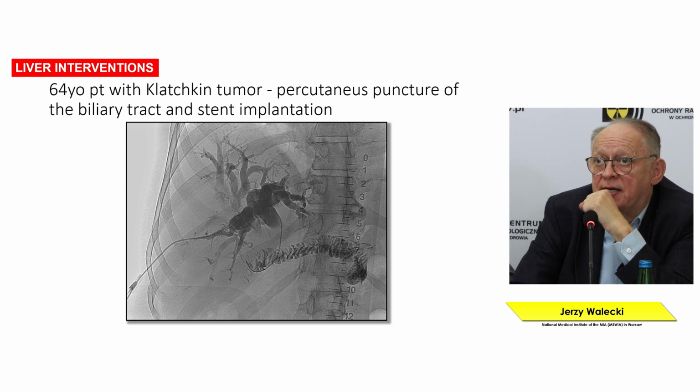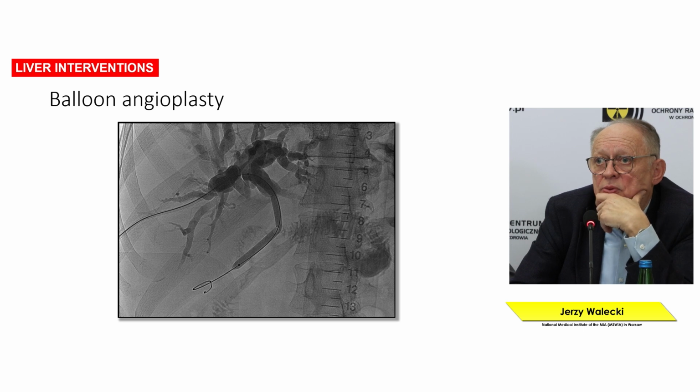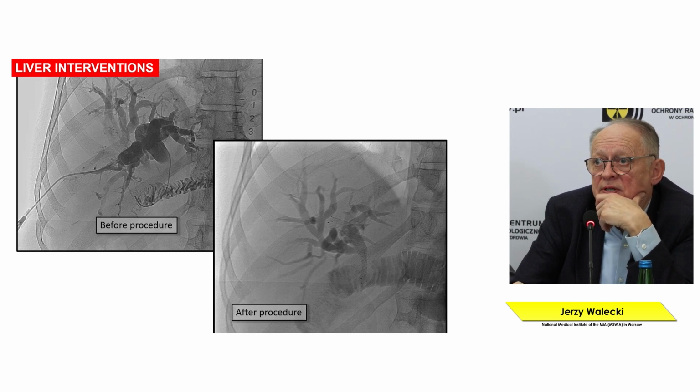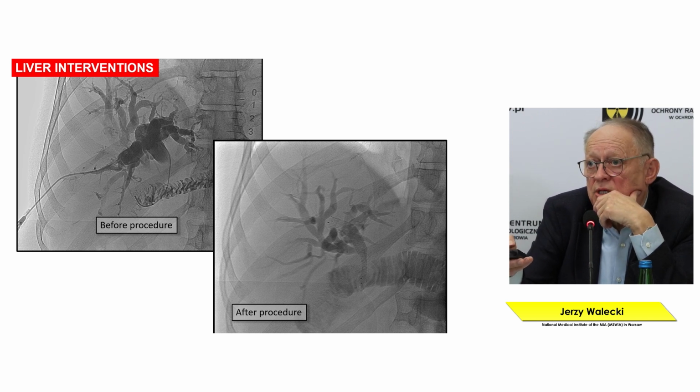So this is a percutaneous puncture of the biliary tract in patients with liver tumor. And you can see the result after the procedure. You can see that this huge widening of the biliary tract is removed.